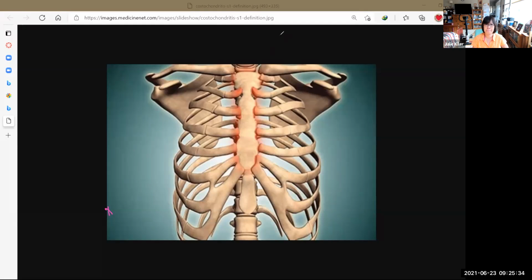Good job. Now you see that one costa here to the second costa. This is what we call the first intercostal. Second intercostal, third, fourth, and fifth.